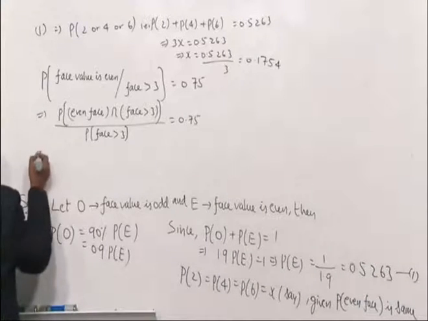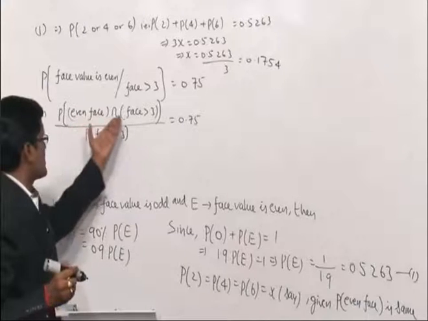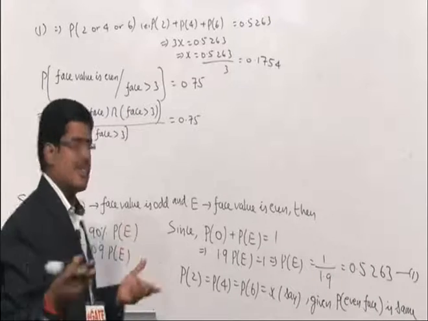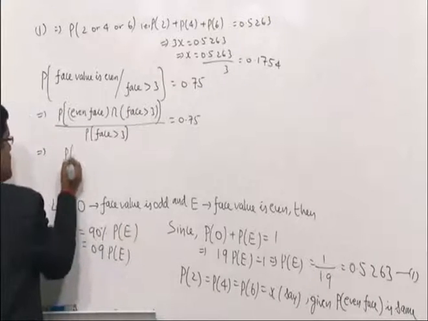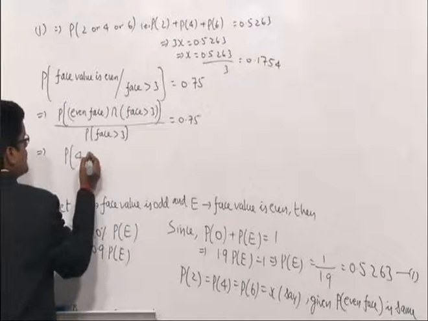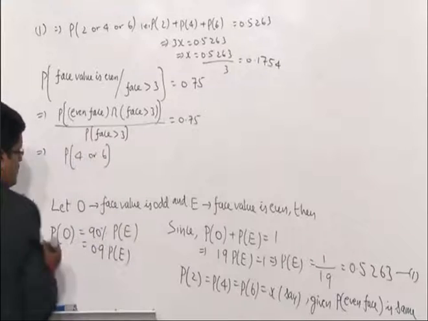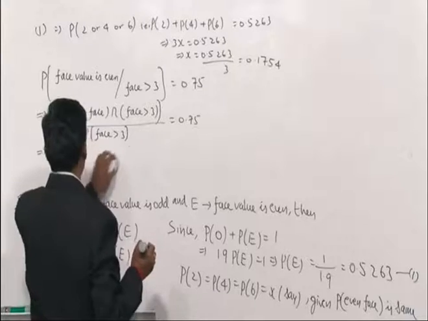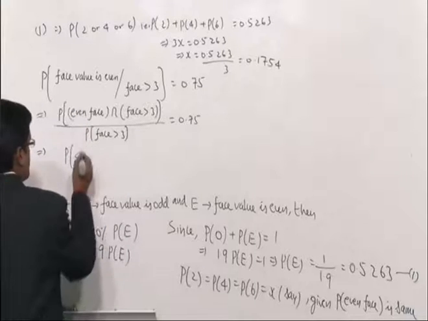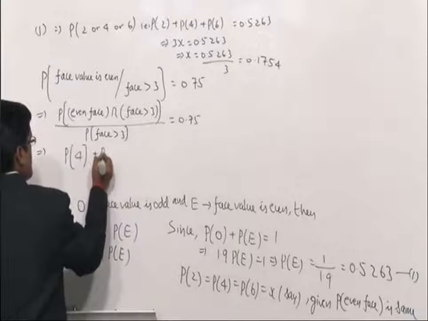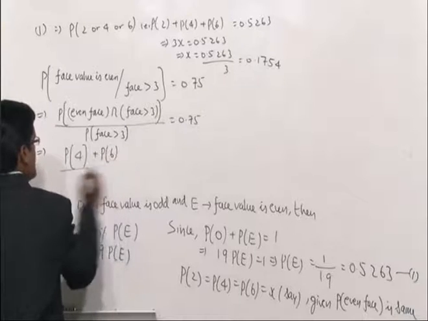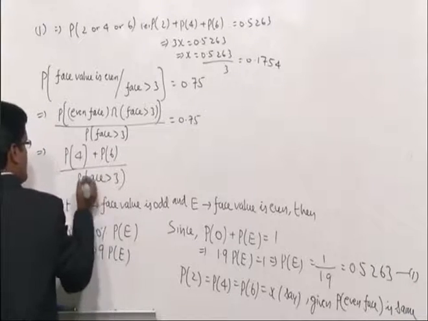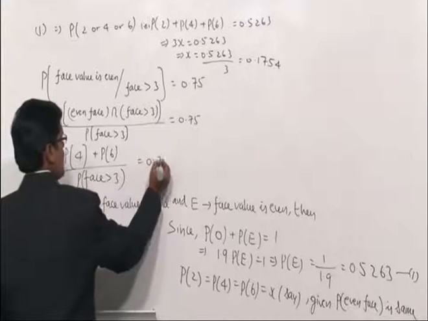Now, what is the numerator? Even face means 2, 4, 6. Intersection face greater than 3 means 4, 5, 6. The sets are 4, 5, 6 and 2, 4, 6. The intersection is P of 4 or 6, that means P of 4 plus P of 6, divided by P of face greater than 3, is equal to 0.75.